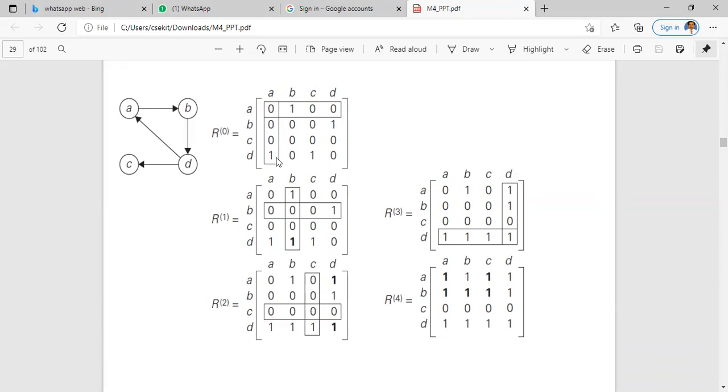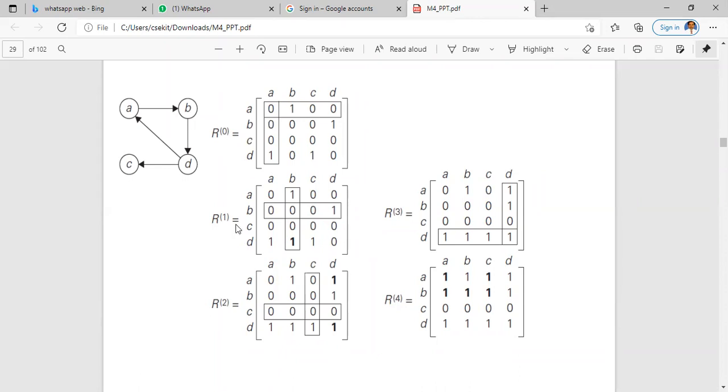C, no path. First row, first column will be the value of R0.